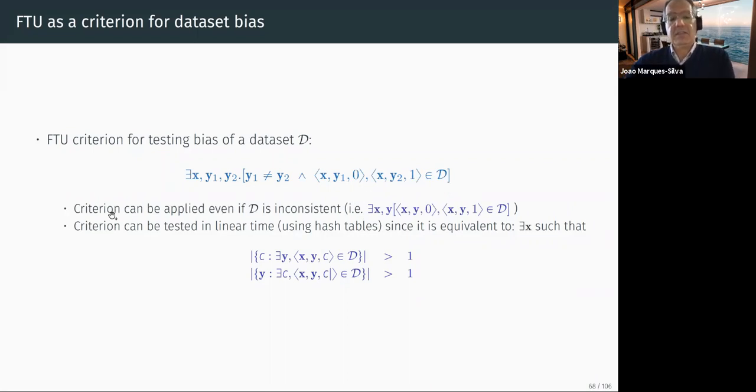Notice that I'm not asking that this is a function. It could just be a relation, meaning I could be predicting for the same input on non-protected features and protected features and get different predictions, again because the data set has inconsistencies. Okay, and if we use hash tables, actually this can be very efficiently implemented, and we can do this in linear time. Okay, very good.